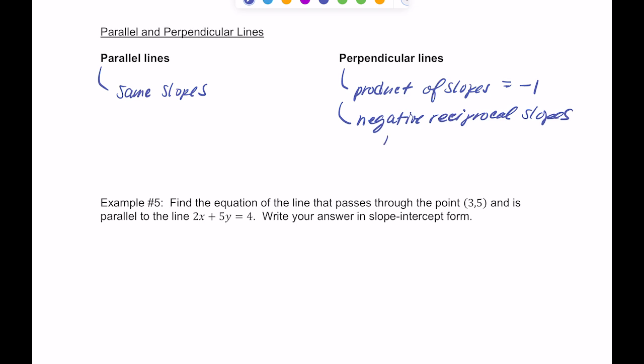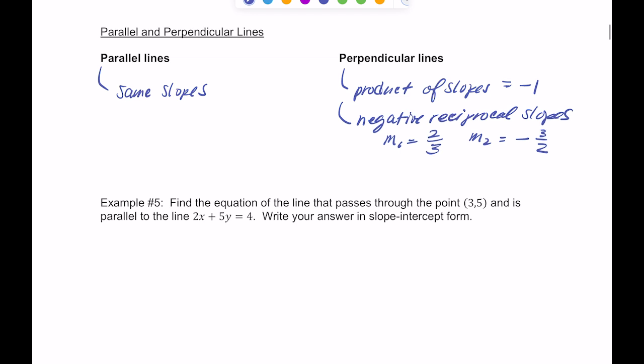So what I mean by that is maybe one slope is 2/3, and then the slope that's perpendicular to it, we'll call it m2, slope 2, would have to be a negative reciprocal or opposite reciprocal. So you change the sign. So since 2/3 was positive, now it's negative. And then the reciprocal is just the fraction flipped over. And if you multiply 2/3 times -3/2, you get -1, right? So their products have to equal -1.